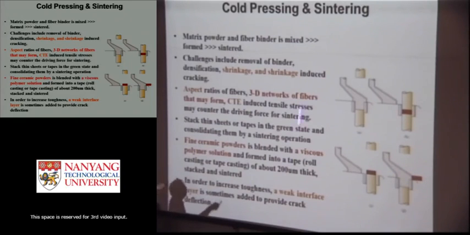Normally, when we do it, we may add some binder. This binder is an organic species, and the problem is what? After you make it, you have to heat treat to remove the organic binder, and then the composite will shrink. If it shrinks, sometimes it may form cracks inside.